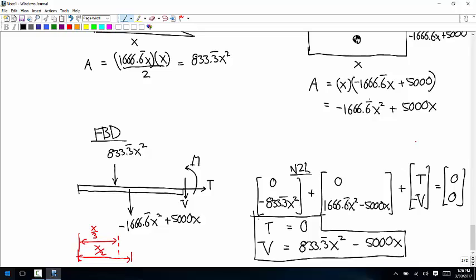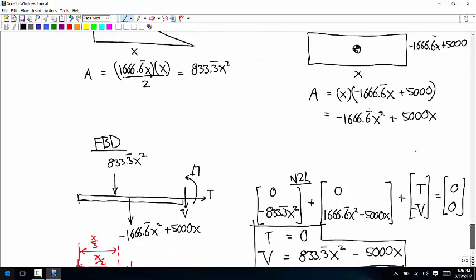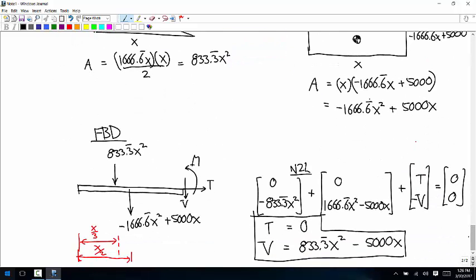We can do the derivative check. dV/dx is 1666 x minus 5,000.